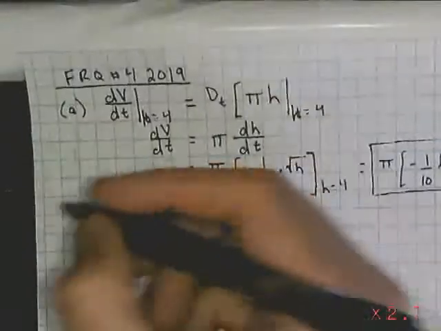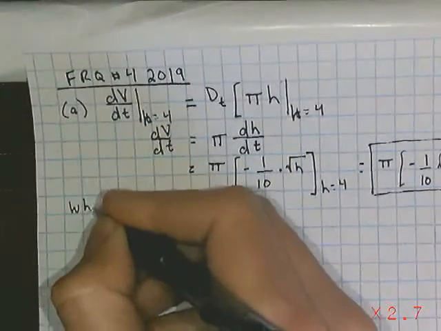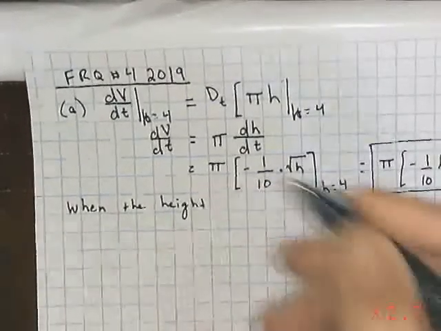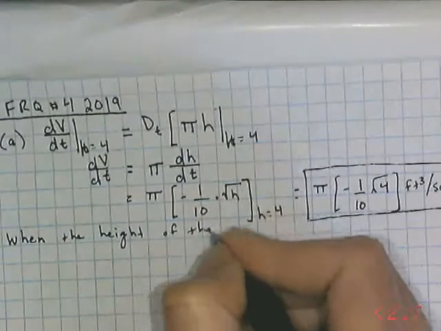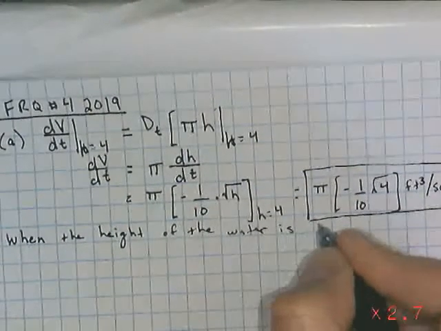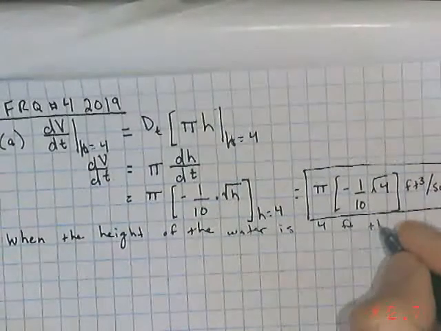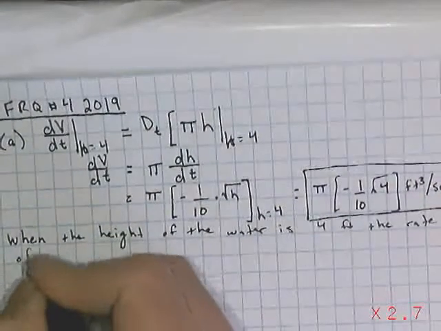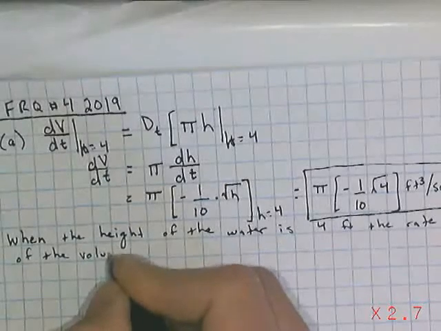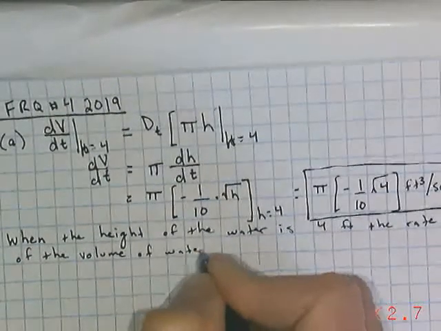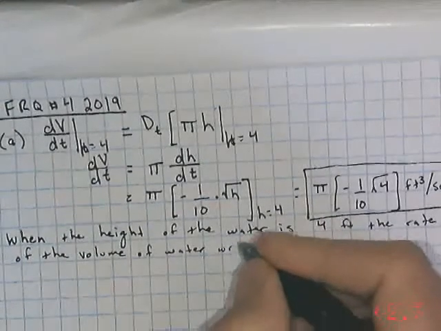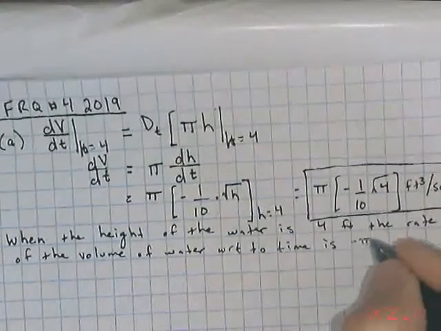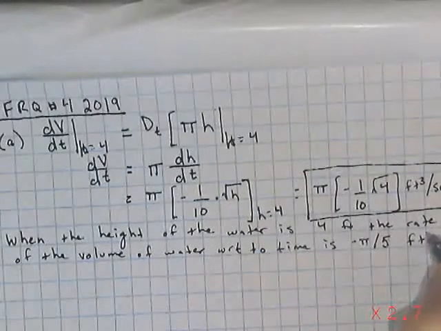So when the height of the water is 4 feet, the rate of change of the volume of water with respect to time is negative pi fifths cubic feet per second.